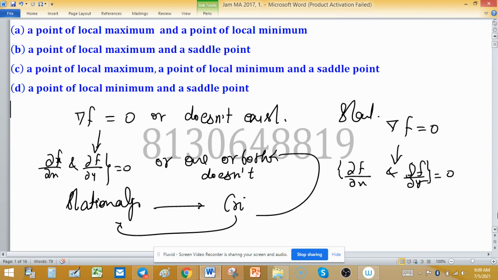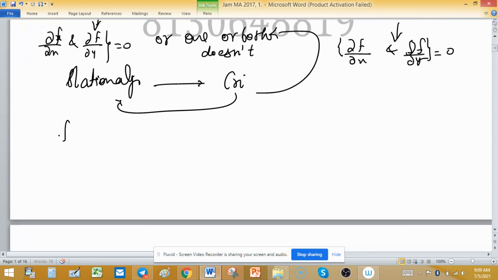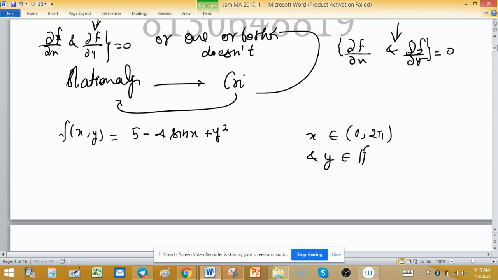So we will find the partial derivatives of the given function f(x,y) equals 5 minus 4 sine x plus y squared, where x comes from the open interval 0 to 2 pi and y from the entire real line.